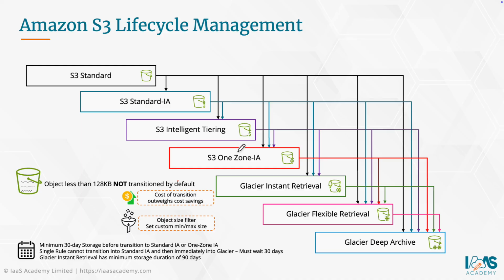Once you put data into IA, it needs to stay in IA for 30 days before you can move it again to a Glacier storage class. So in effect, across the standard classes, that's 60 days. Also, Glacier Instant Retrieval has a minimum storage duration of 90 days. Again, there you would have to have your data in there for 90 days before you could transition again further down in the waterfall model.